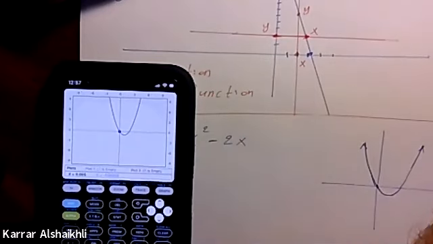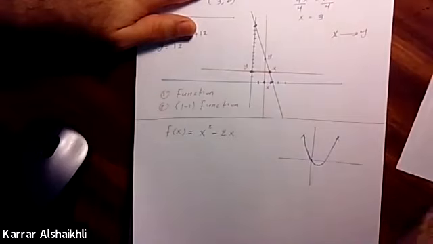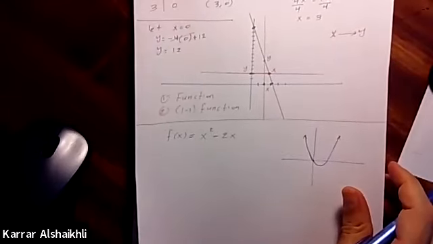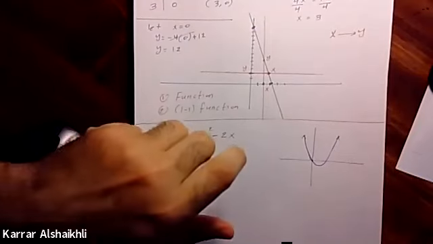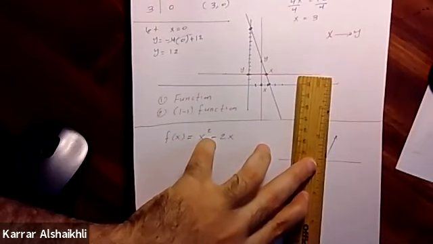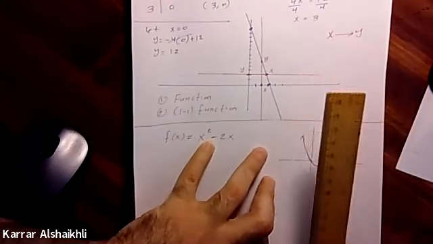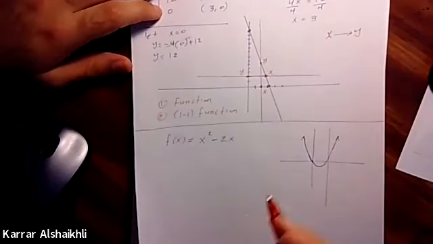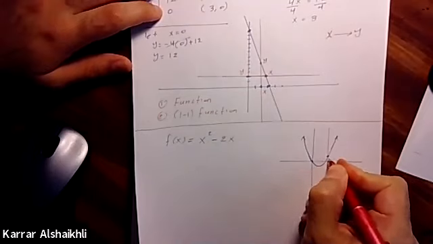Let's see why it's not a one-to-one function. So you see, I got this graph. I'm going to use the vertical line test and horizontal line test. For the vertical line test, I'm going to graph a line here. If you want, you can do one more line test, and you will see at this x goes to 1 y.